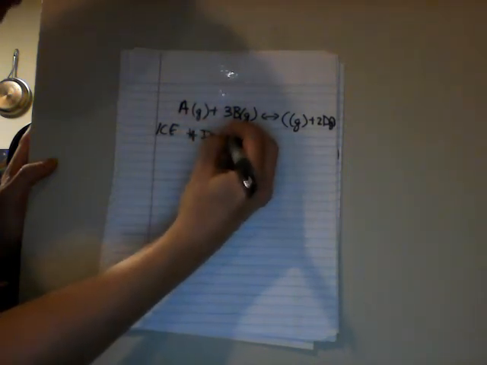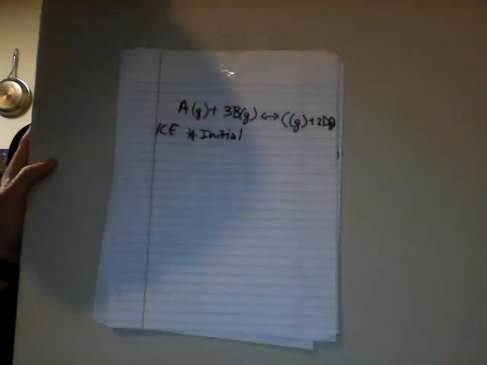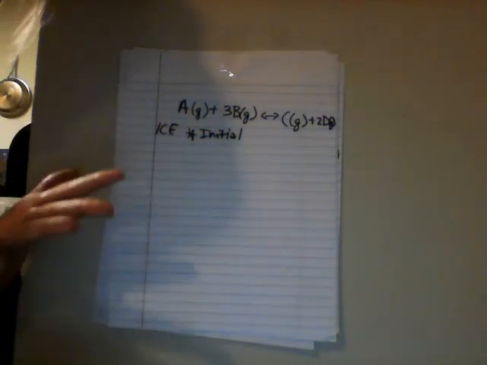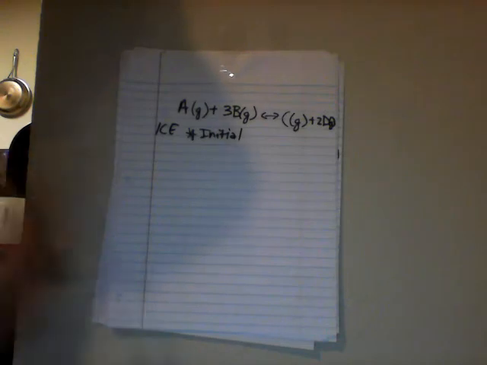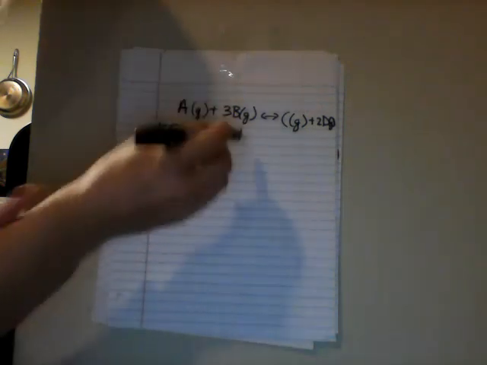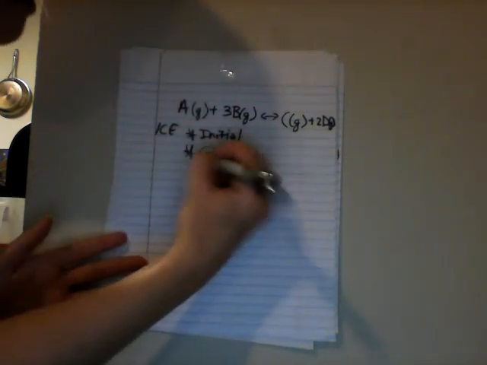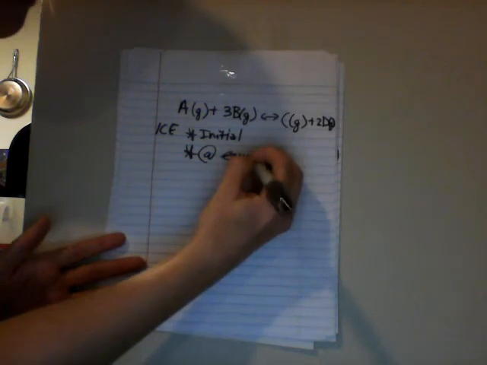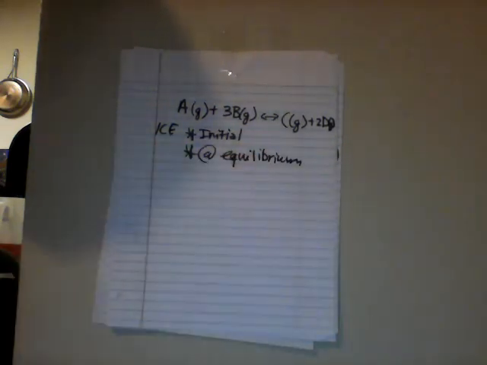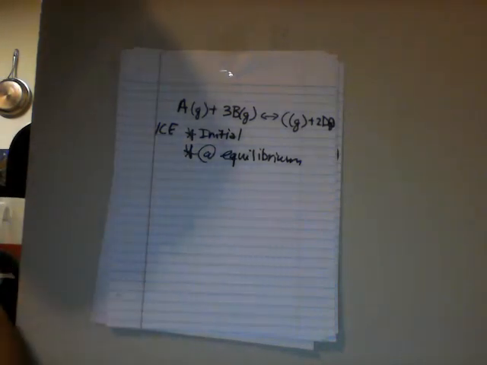So let me write down a couple of keywords. Initial is a good one. And here it doesn't really say initial. It says these gases are added to a container. So my big keyword for this problem in particular is that it gives me initial values, and then it says at equilibrium, I actually have this value.